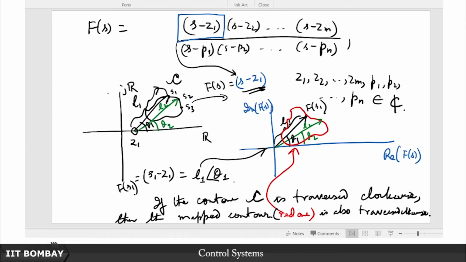Why is that so? Well, of course, it is kind of straightforward, it is staring you right in the face, it is the same contour as I said.